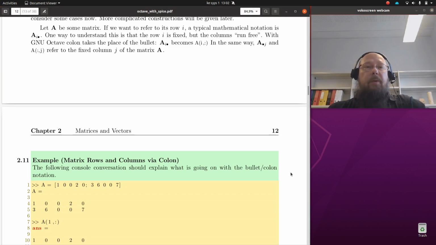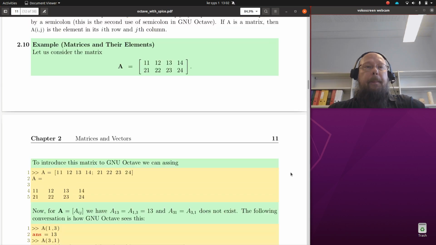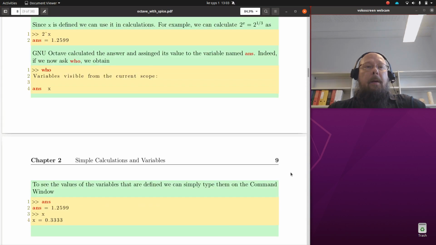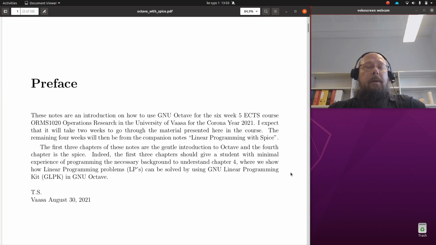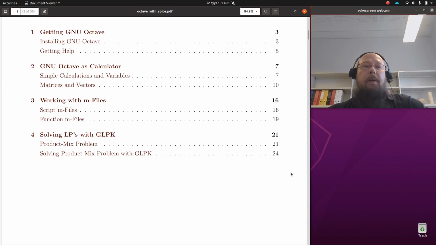So chapter 2 was, let's look at the contents here. Chapter 2 was GNU Octave as a calculator, and we are in matrices and vectors. In the previous lecture we already saw how to define matrices and discussed how everything works, hopefully in the obvious way.